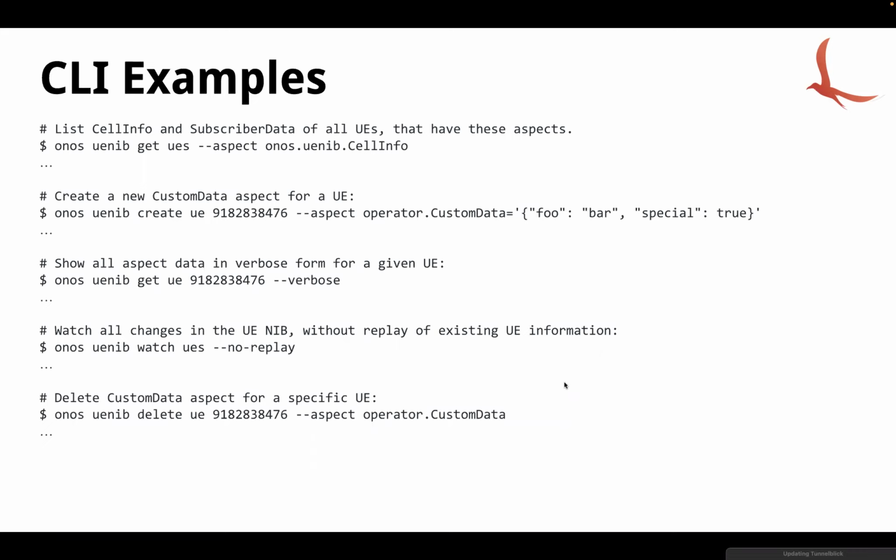As far as multiple components trying to update the same UE at the same time, I would think that components should be limited by aspect. Only one component should be updating an aspect, and multiple components should be able to update different aspects of the same UE without any consistency problem.